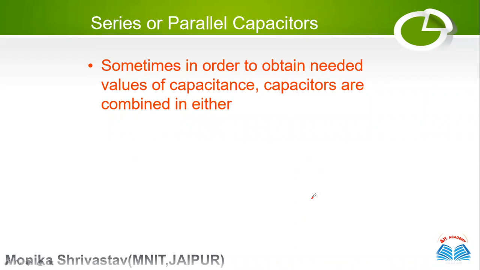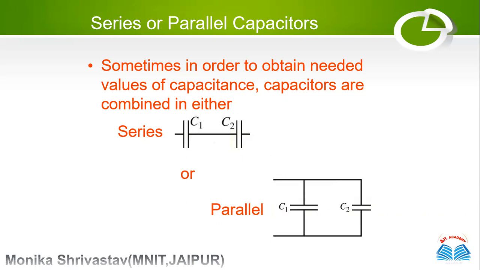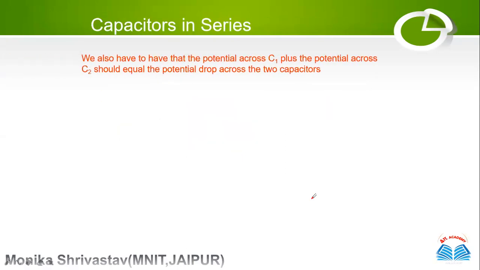The conventional configurations of capacitors are two: series or parallel. You know this thing, the series capacitor is like this, the parallel configuration is like this. You have studied the formula for the series capacitor. In the series configuration, the voltage changes, but the charge on the plates always remains the same.